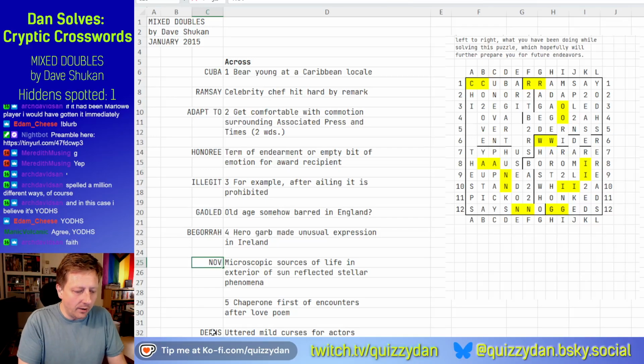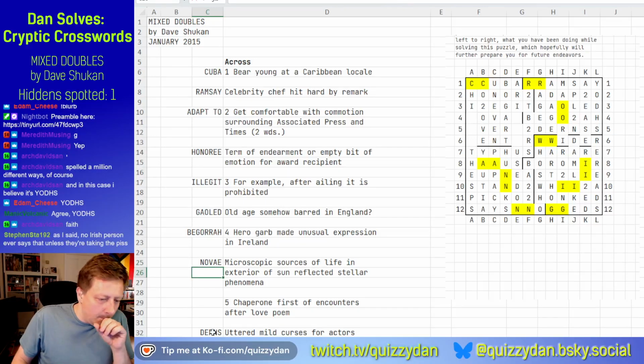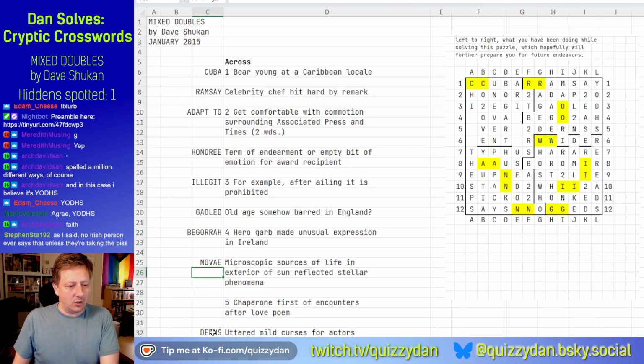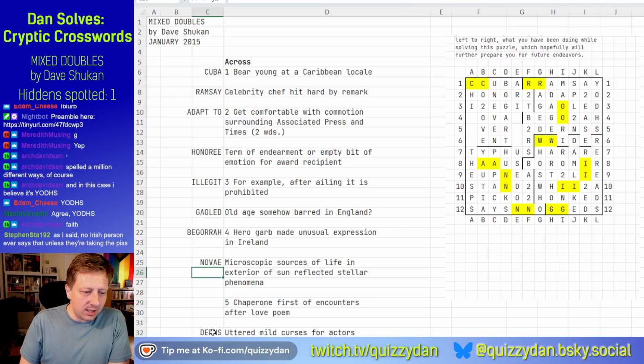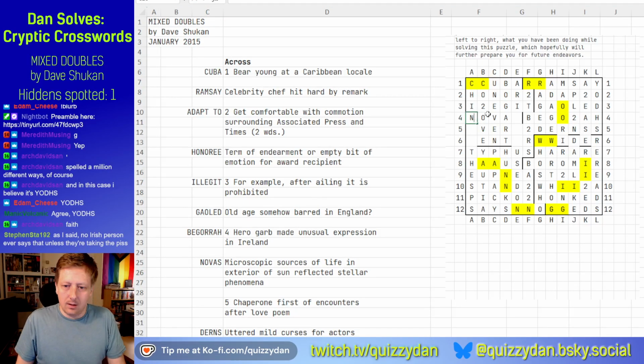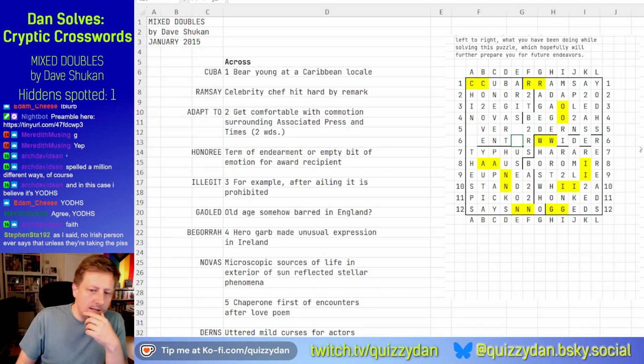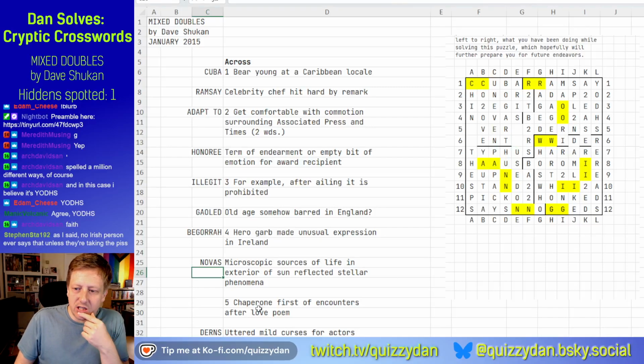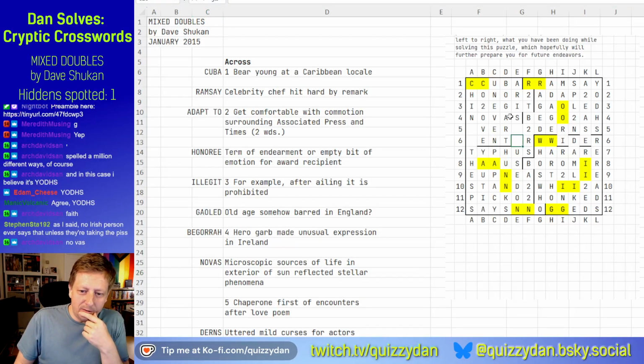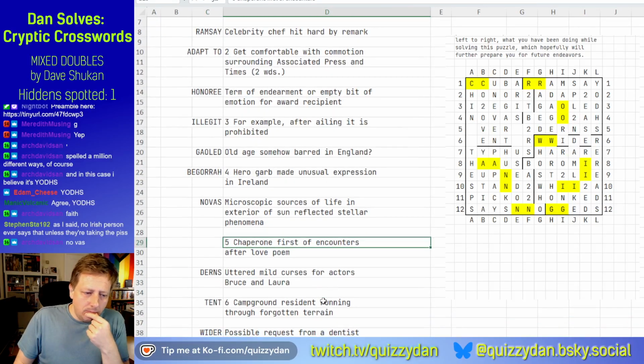Microscopic sources of life. So over are your eggs, so your sources of life. In exterior of sun reflected. Oh, novas. There you go. And that is your stellar phenomenon. Phenomena. Chaperone.